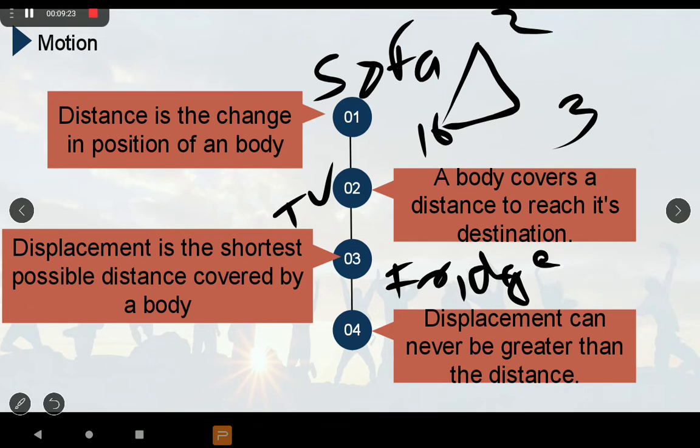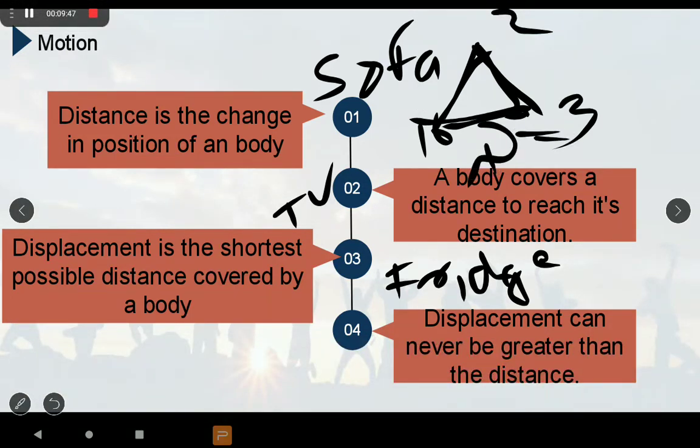You will follow your mom's words. 1 to 2, you will go turn on the TV. As you are feeling thirsty, you will go from 2 to 3 to quench your thirst. And then you will come from 3 to 1 directly, which is your displacement.